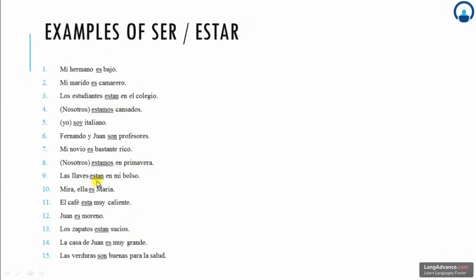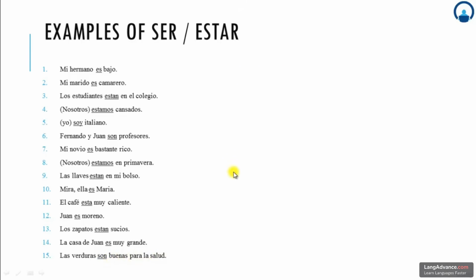Las llaves están en mi bolso. Mira, ella es María. El café está muy caliente. Juan es moreno. Los zapatos están sucios. La casa de Juan es muy grande. Las verduras son buenas para la salud.